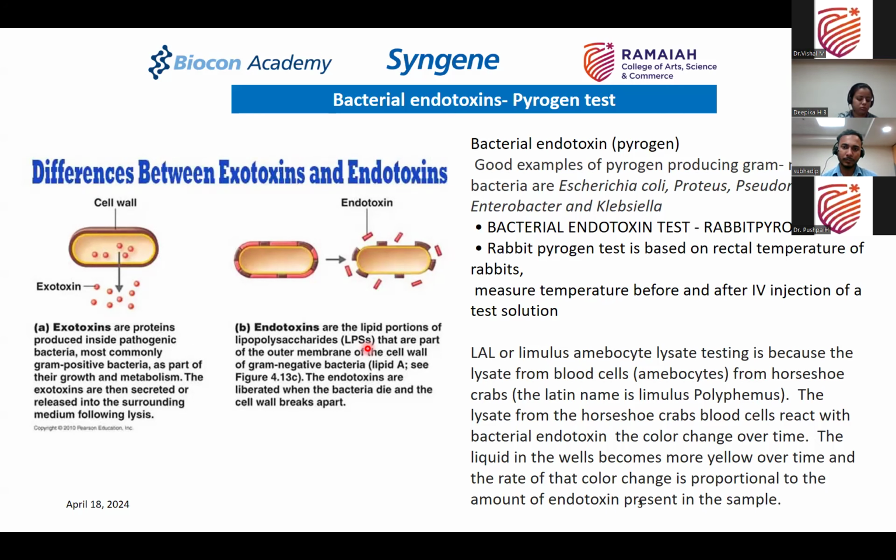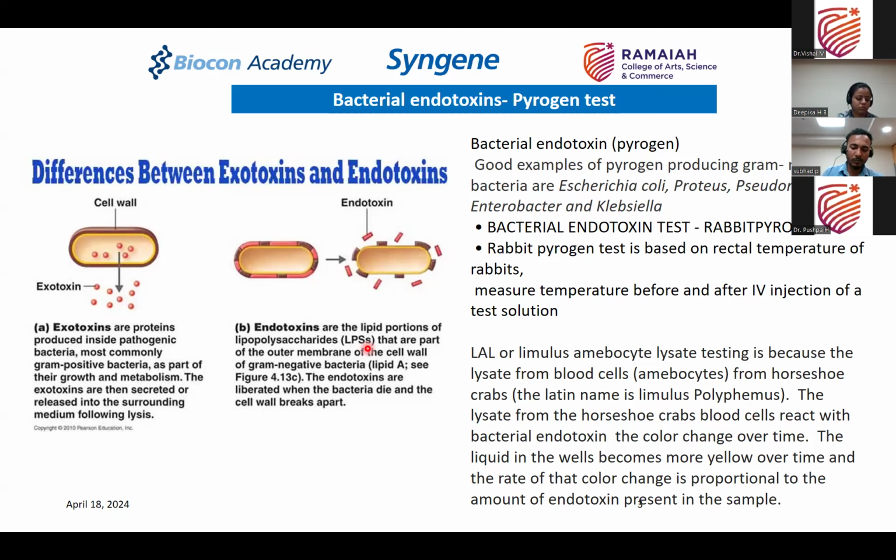Another important test is called the LAL test, or Limulus amoebocyte lysate testing. It uses the lysate from the blood cells of the horseshoe crab, Limulus polyphemus. The lysate is taken and allowed to react with the test sample.